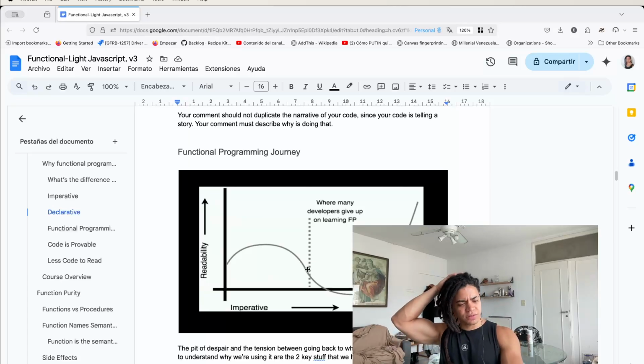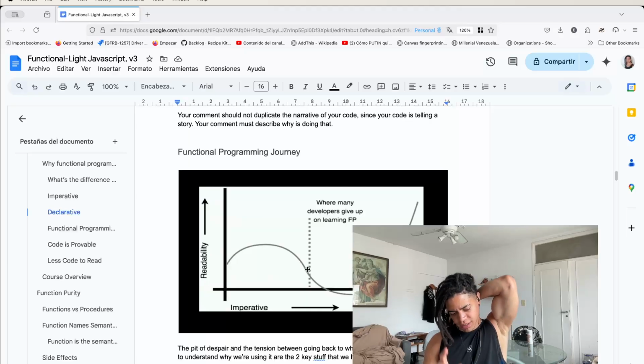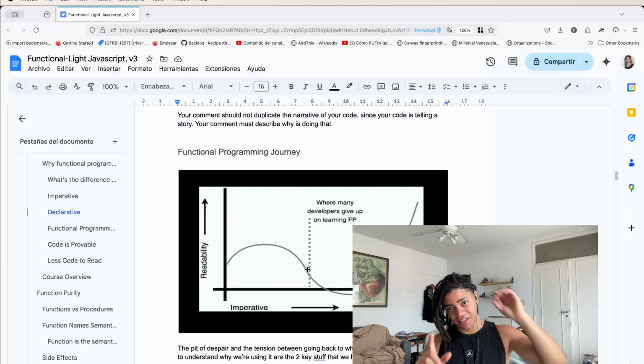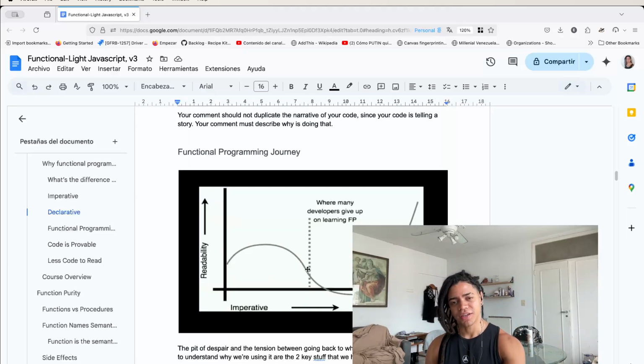So I think this is a relevant and revealing part of the journey of a programmer, a computer scientist, or a software engineer, right?